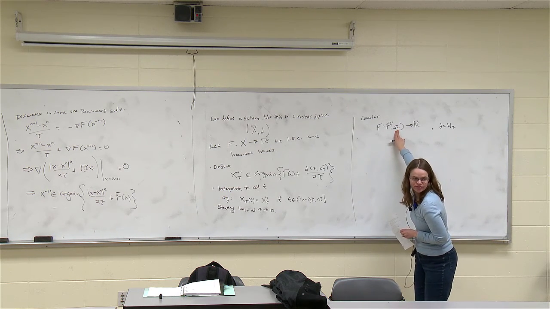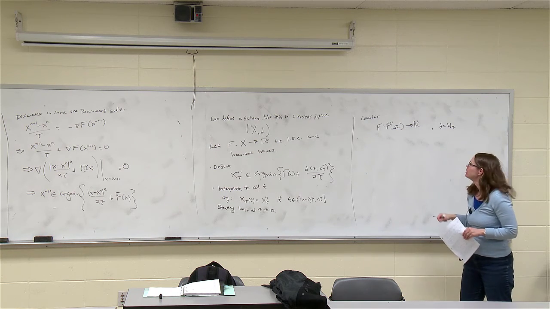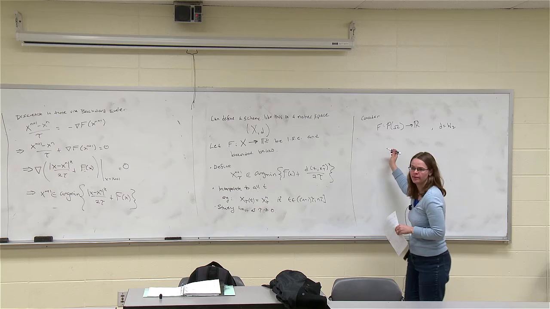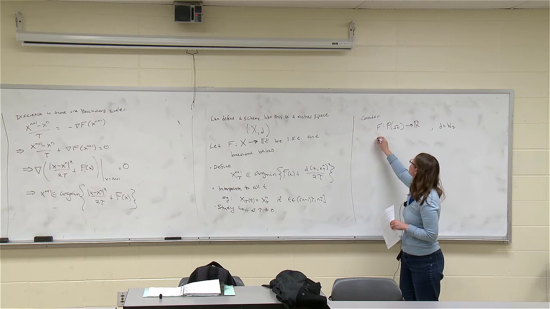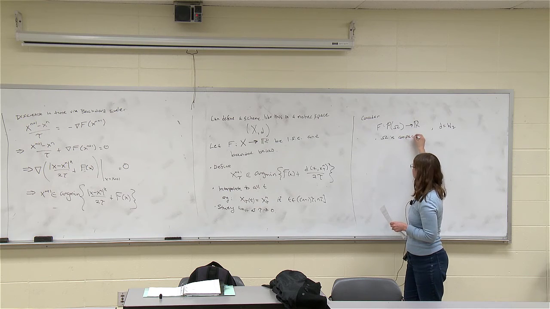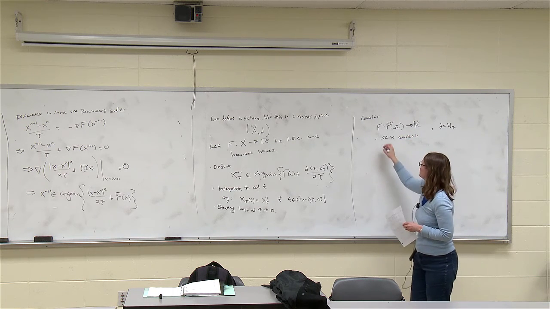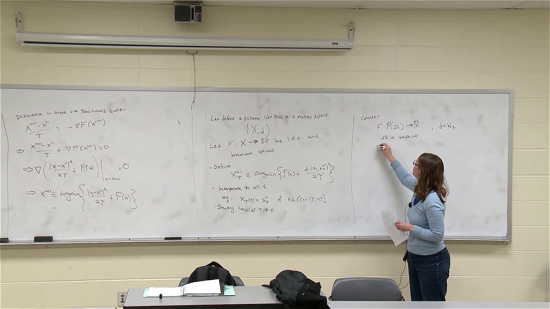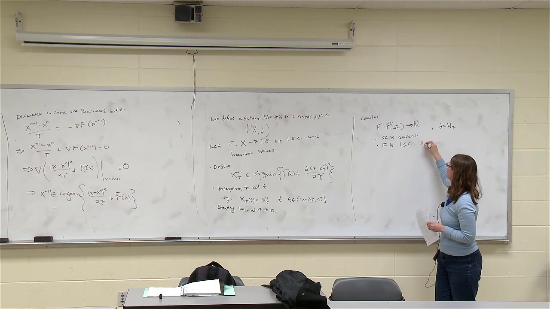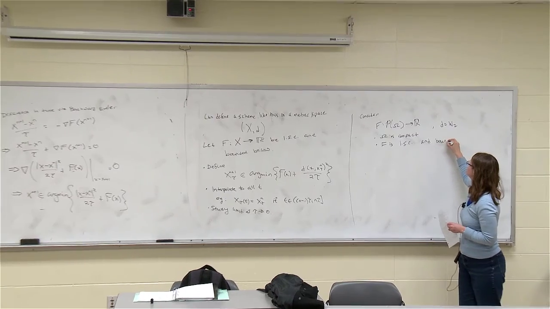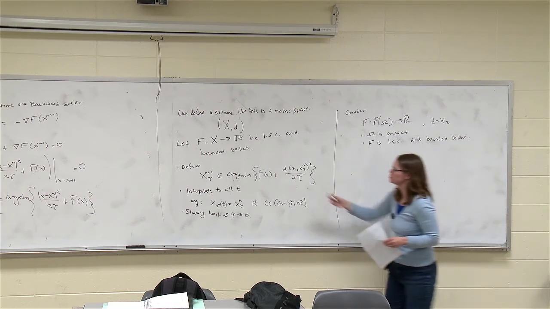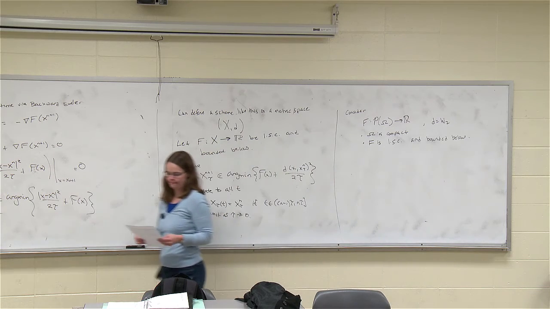That's a pretty standard assumption that we've made all semester. You can prove things in some cases with non-compact omega, but it's harder. So let's assume omega is compact. And as before, f is lower semi-continuous and bounded below. Otherwise, these JKO type schemes don't make sense.